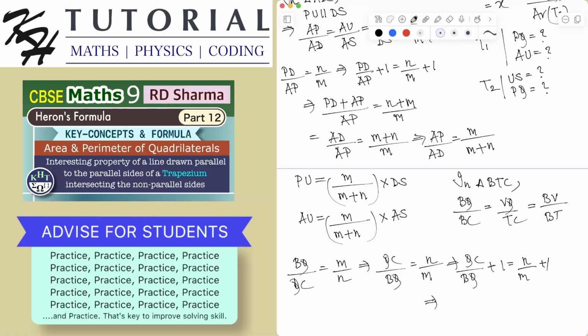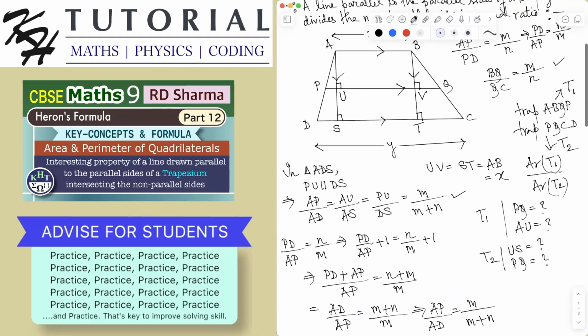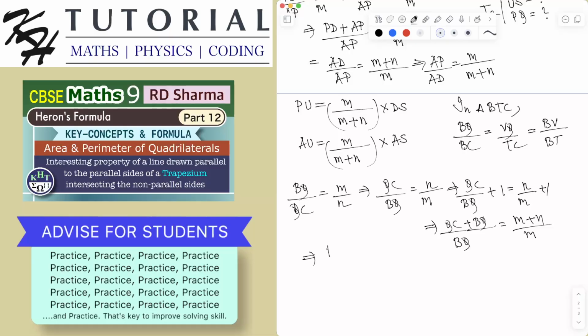This implies QC plus BQ by BQ is equal to M plus N by M. QC plus BQ is BC, so we have BC by BQ equal to M plus N by M. So BQ by BC is equal to M by M plus N. We have this constant M by M plus N everywhere.